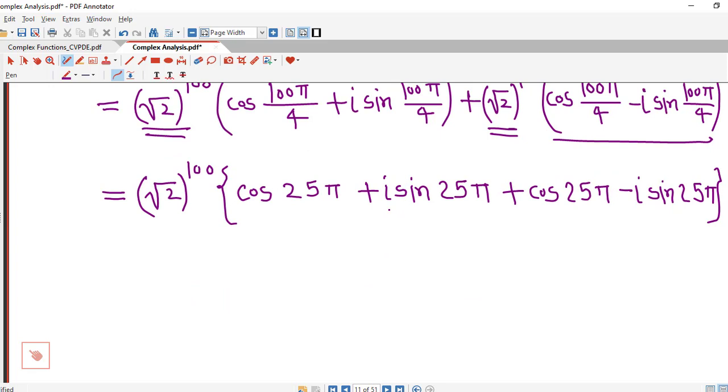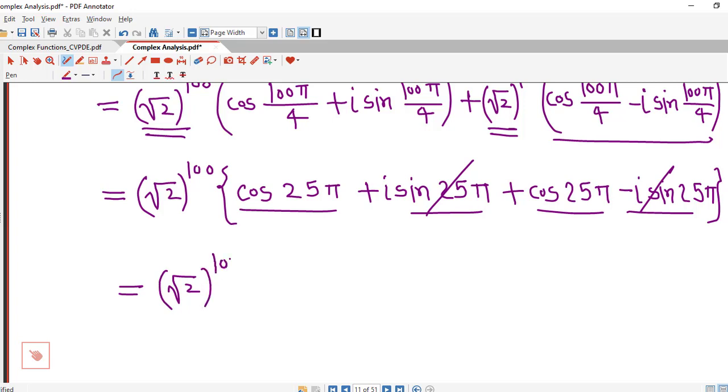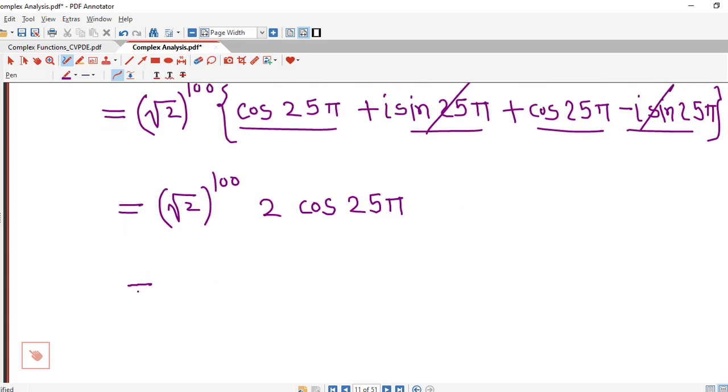So we can see these two cancel each other due to positive and negative sign, and we have 2 times cos 25π. This is root 2 raised to 100, and 2 times cosine of 25π.